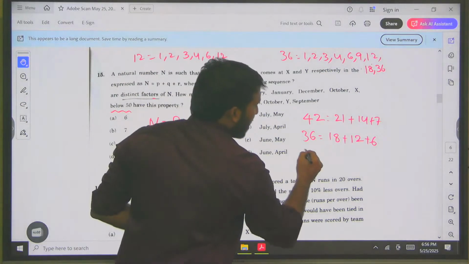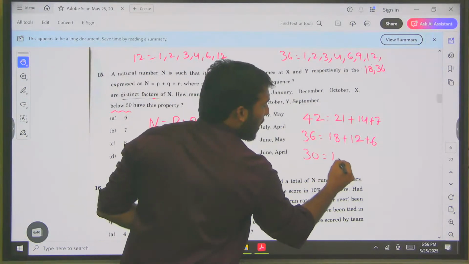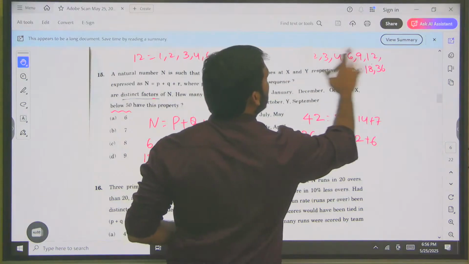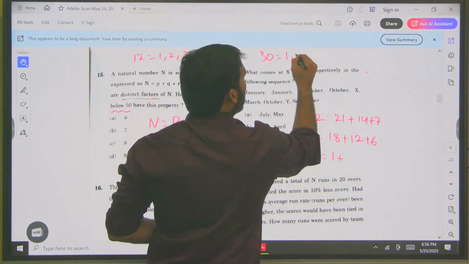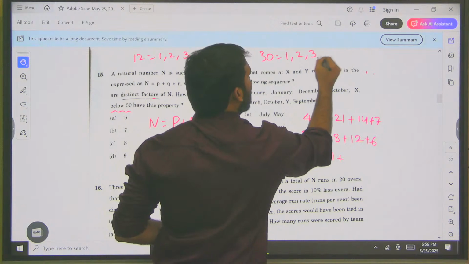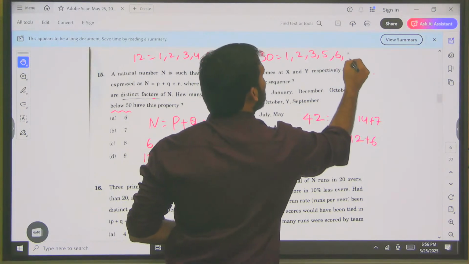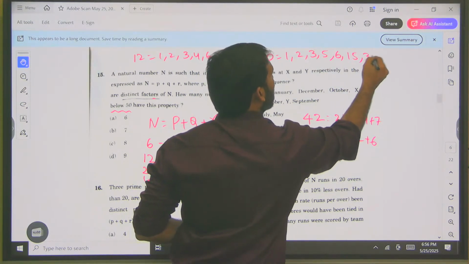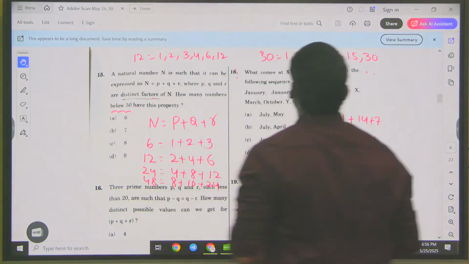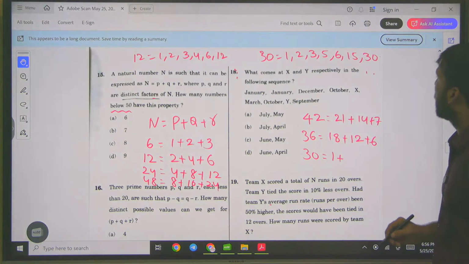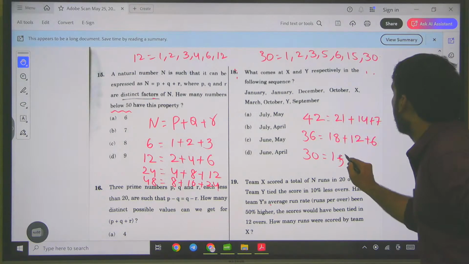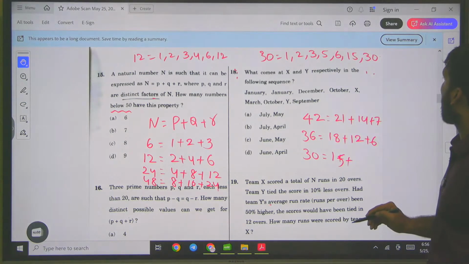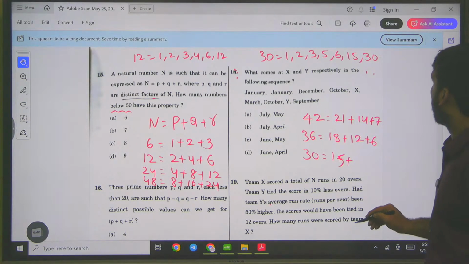Or next I can try with 30. What are the factors of 30? 1, 2, 3, 5, 6, 15, 30. So I can consider 15 plus 15.